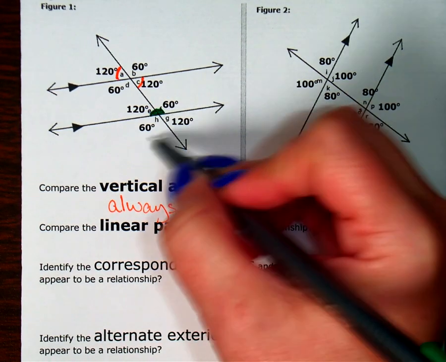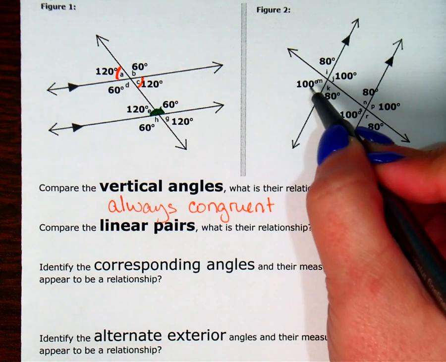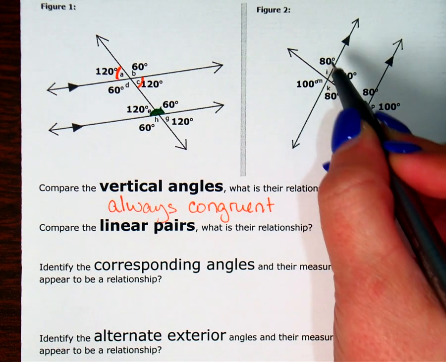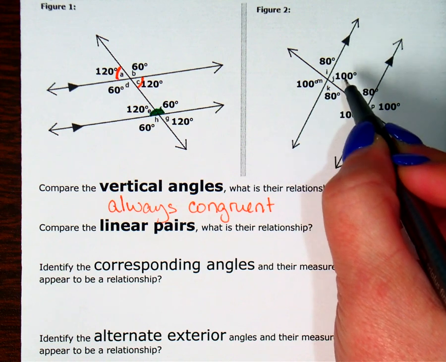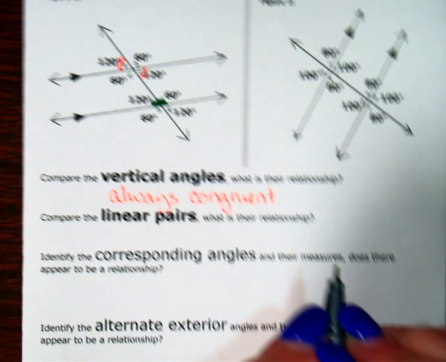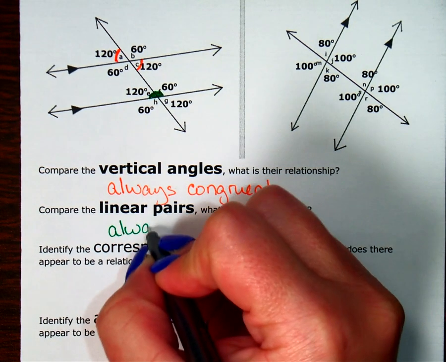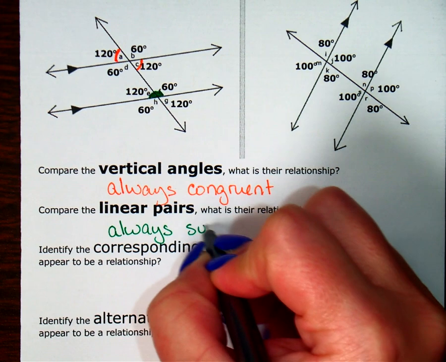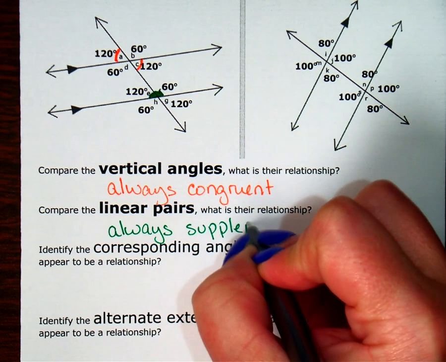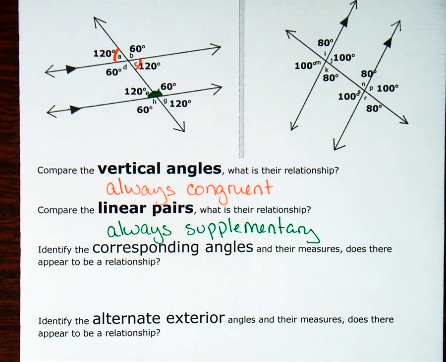My angles right next to each other are always 180. 80 and 100, 180. Same thing down here. So my linear pairs are still always supplementary, adding up to 180 degrees.